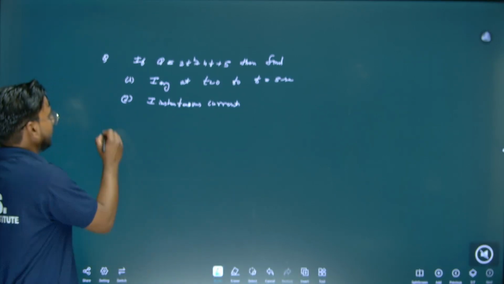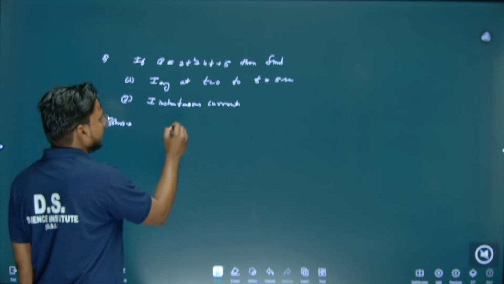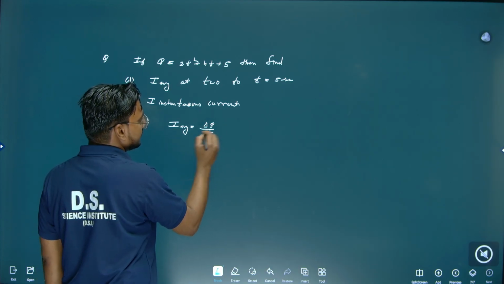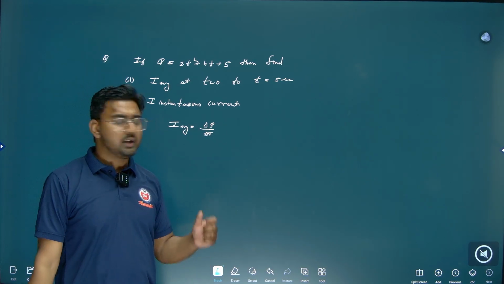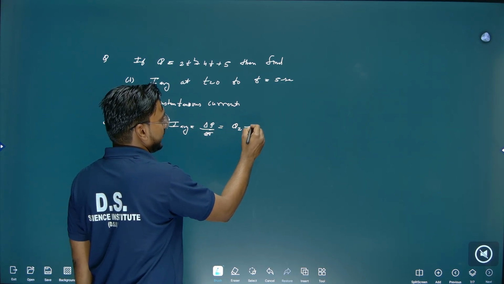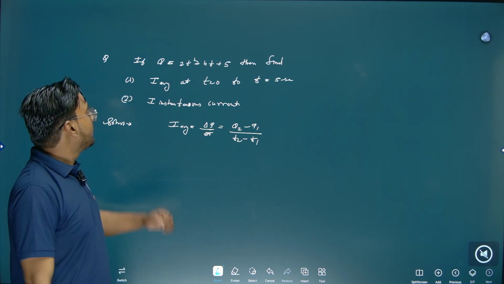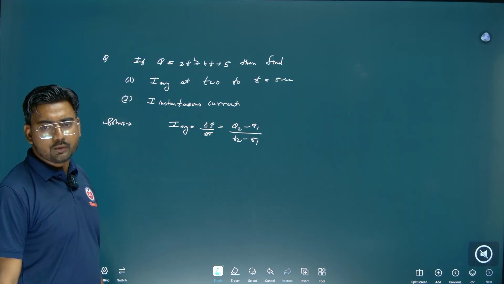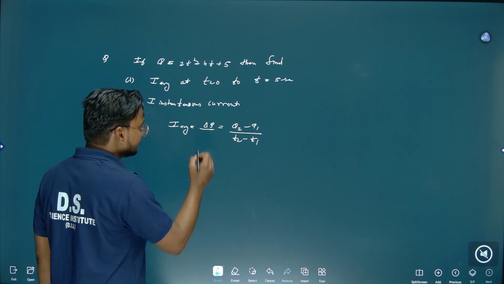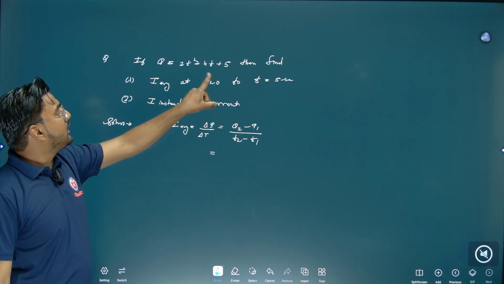Okay, so for the first part, average current, we know I average equals delta Q by delta T. Average current is delta Q by delta T, which means we can write Q2 minus Q1 over T2 minus T1. So here we need the value of Q at 5 seconds.